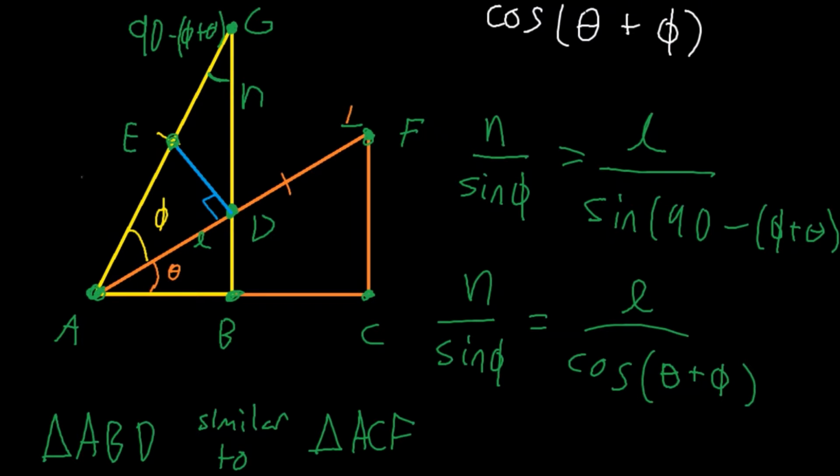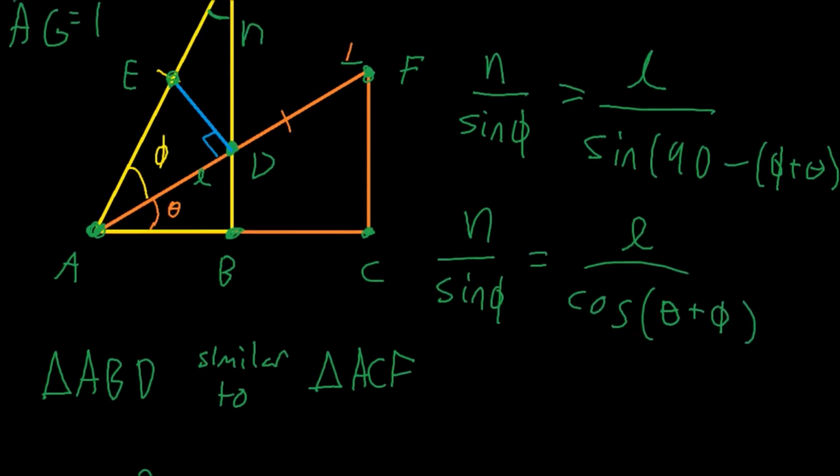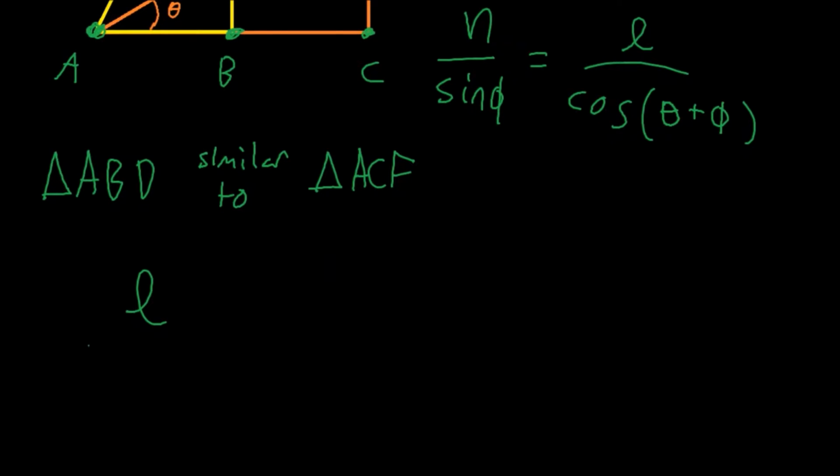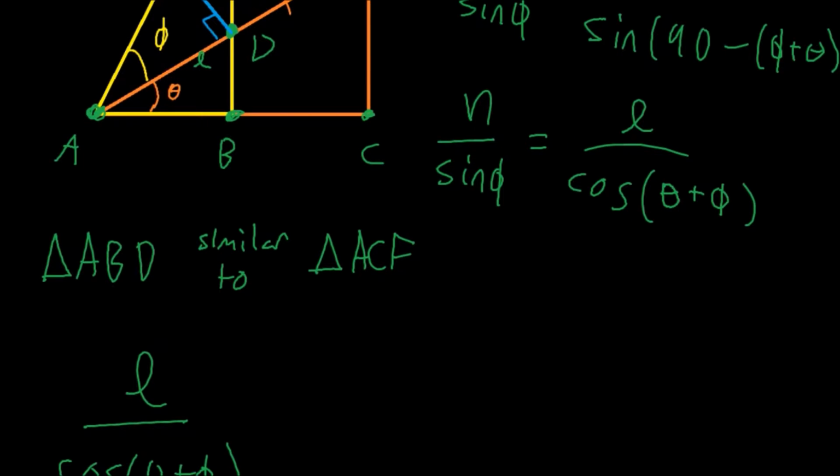So because AG equals 1, I'm going to write that, AG equals 1. Because AG equals 1, AB equals the cosine of theta plus phi. So we've just compared L to the cosine of theta plus phi.